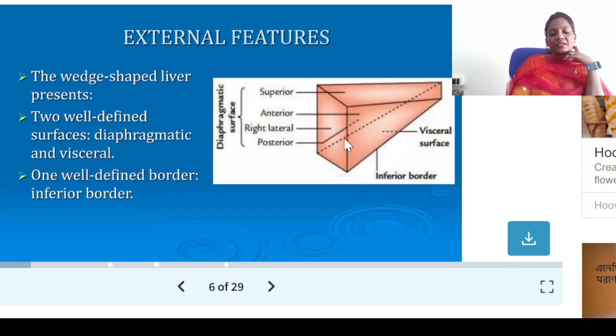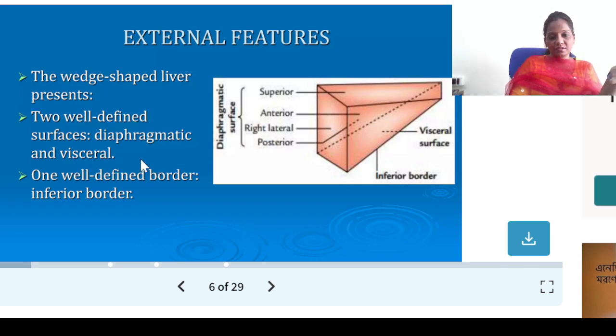What are the external features? External features means how it looks superiorly and anteriorly. Already I said it is a wedge shaped liver, so it presents two well defined surfaces. The upper surface is covered by the diaphragmatic surface, and the lower surface is with the visceral organs, and one well defined border that we call the inferior border.